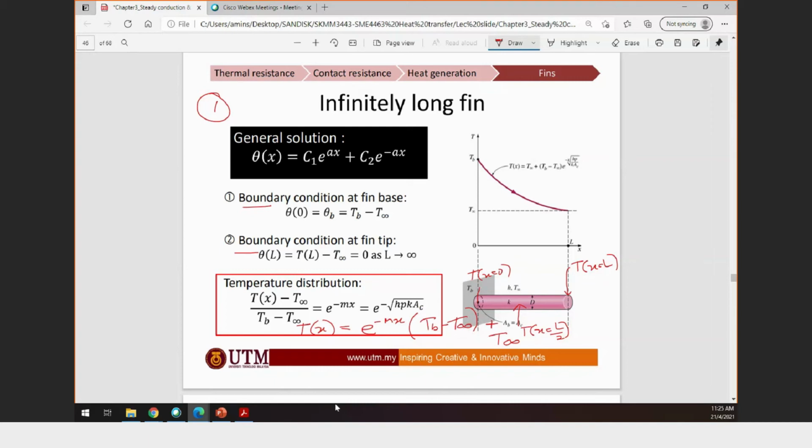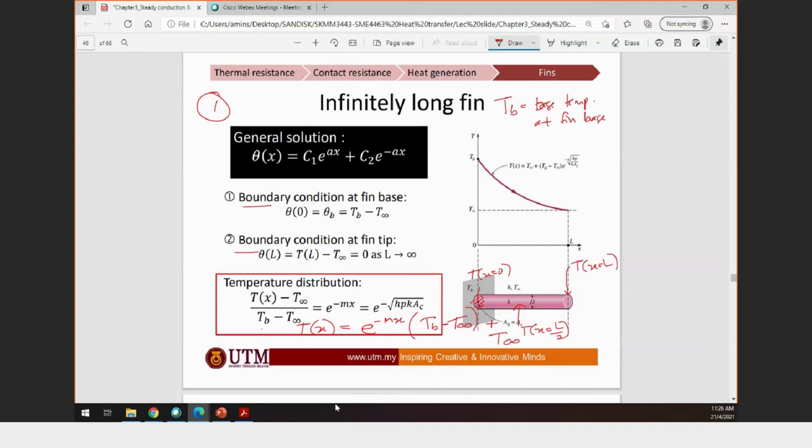So what is TB? TB is the base temperature at the fin base, here, at the body of the system before you introduce the fin.